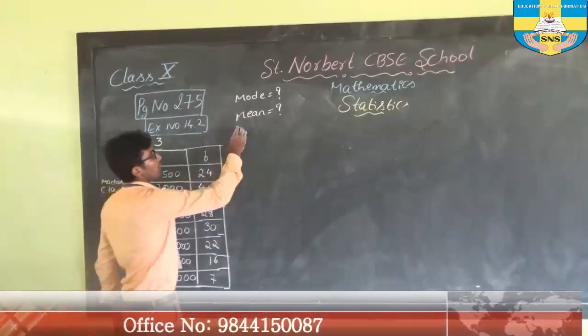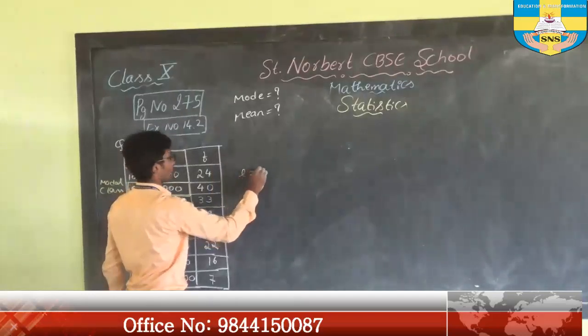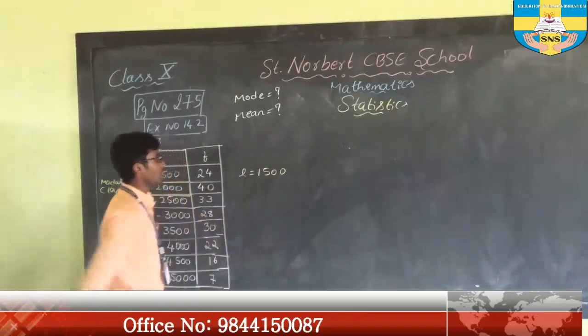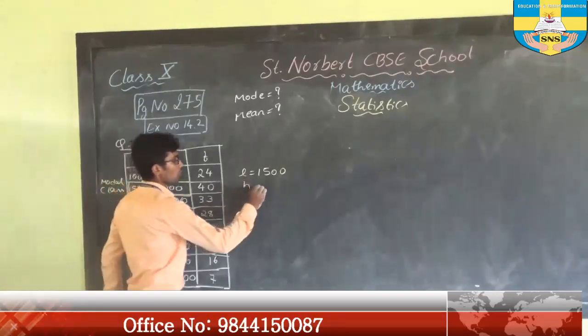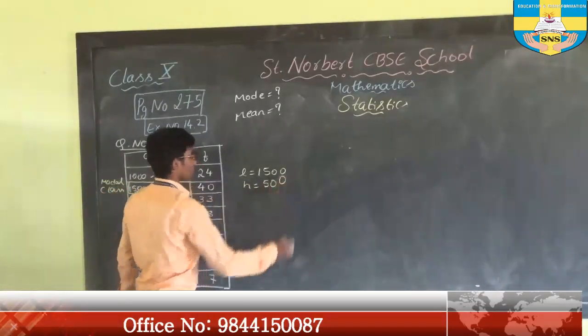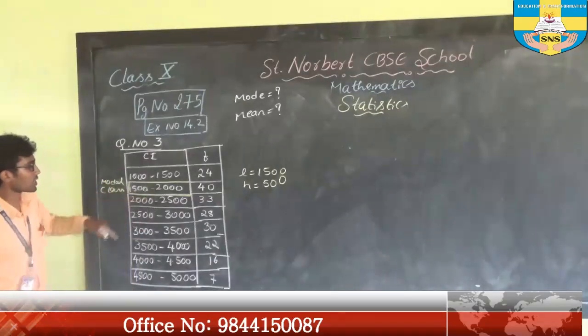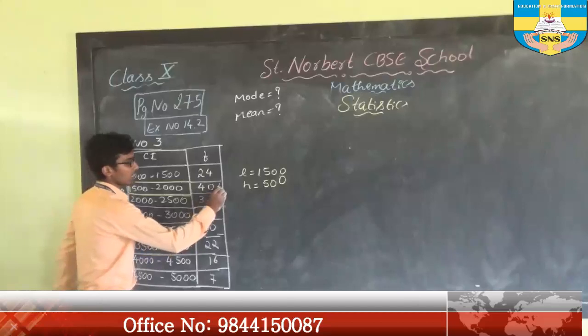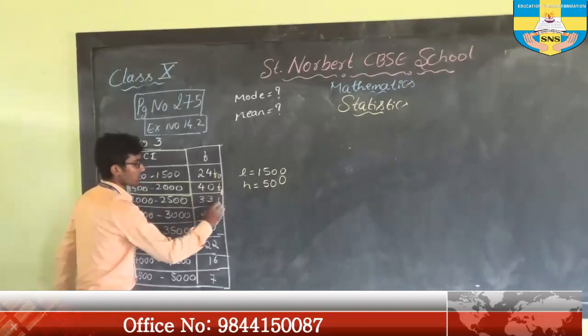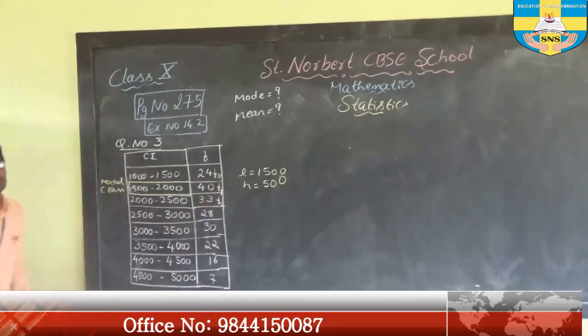So the modal class is 1500 to 2000, then we have L is equal to 1500, H is equal to 500, right? Then what is the value of F1?